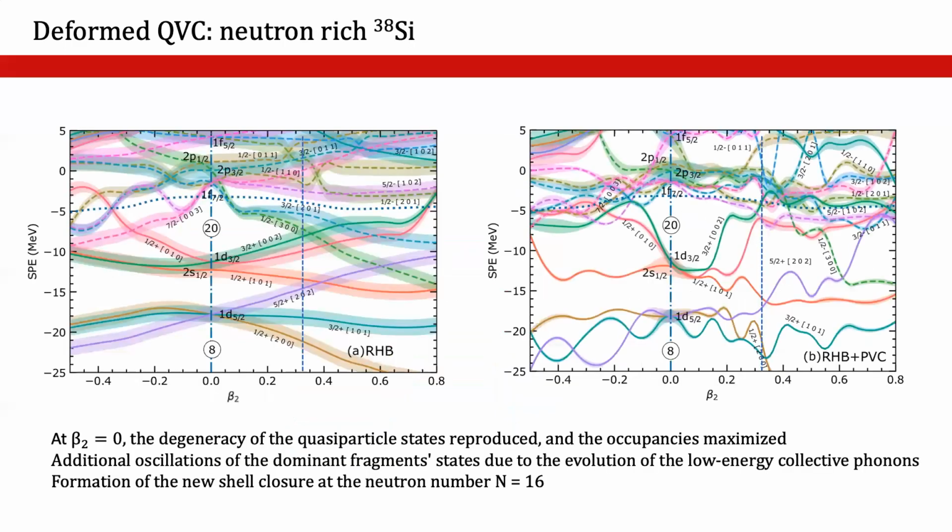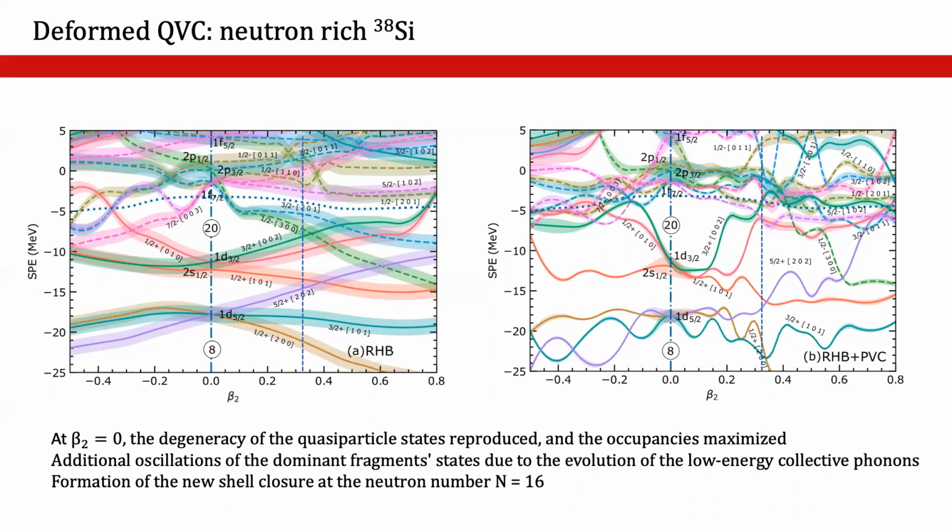And this is another example for neutron-rich silicon-38. In order to present the effect of deformation, we performed a similar calculation at different deformations from beta 2 equal to minus 0.5 to 0.8.